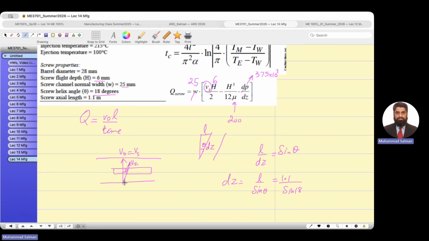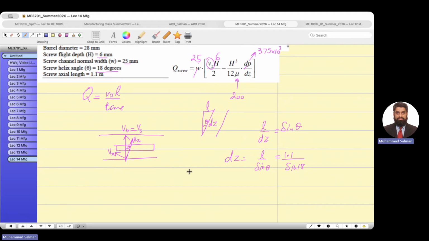VZ along the helix, perpendicular to VZ, which is the stirring velocity, which we don't usually use in the problem. We just use the one along the helix, which we also call the pumping velocity. We keep on pumping the plastic towards the mold or the die, and VZ equals VB cosine theta.